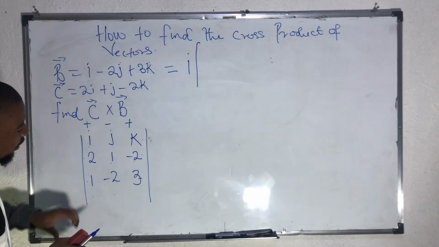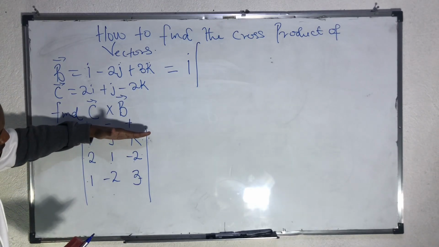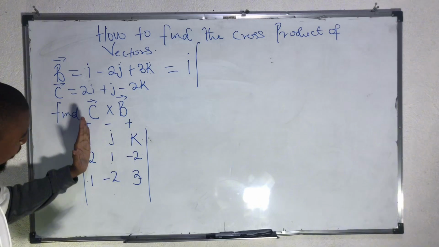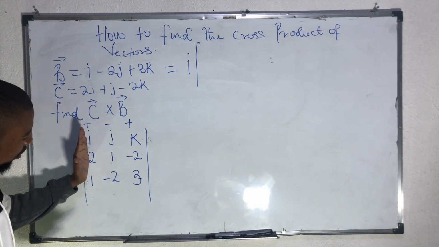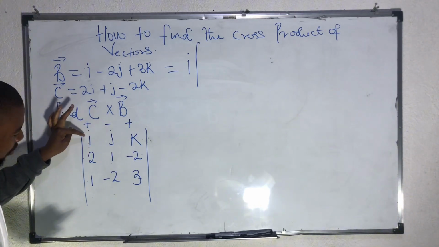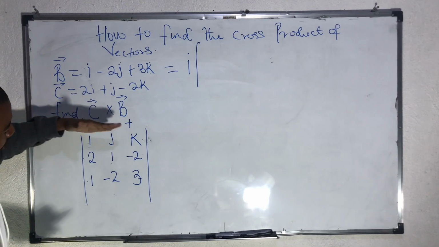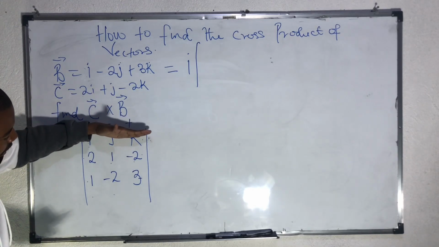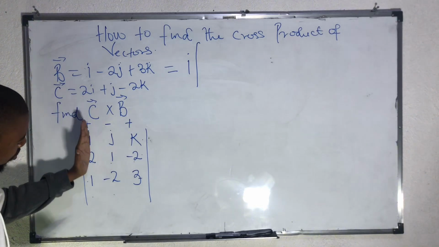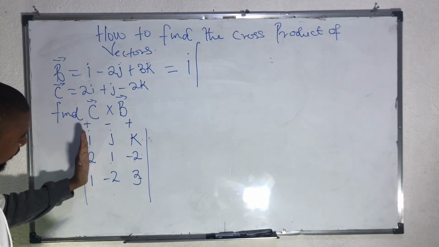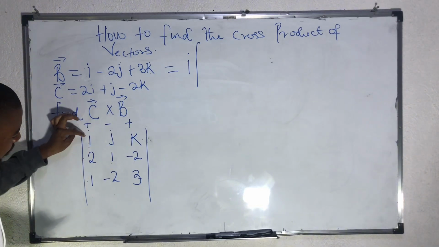So, if you hide this row where i is found and the column where i is found, whatever remains belongs to i. I repeat, to find what belongs to i, hide the row where i is found and the column where i is found. Whatever remains belongs to i.